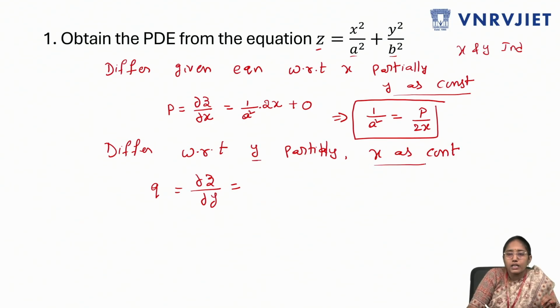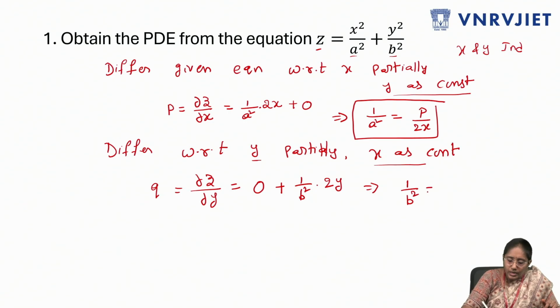We treat x as a constant, that is the basic concept of partial derivatives. So the entire term is a constant, and the derivative of a constant is 0, plus 1 by b square into the derivative of y square, which is 2y. From this, we obtain 1 by b square as, after simplifying, q by 2y.